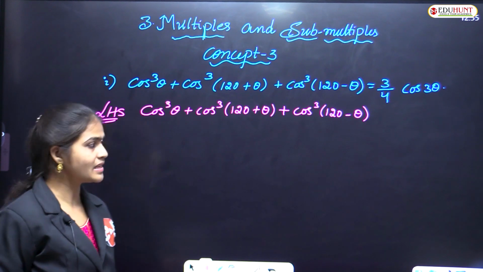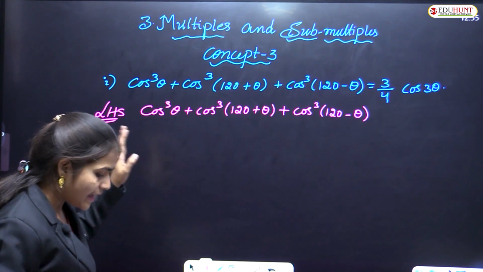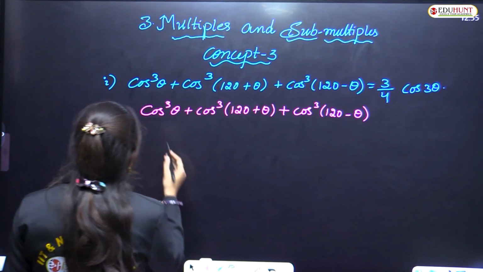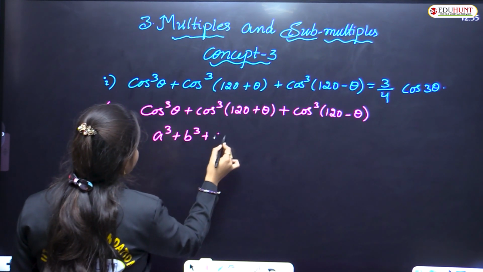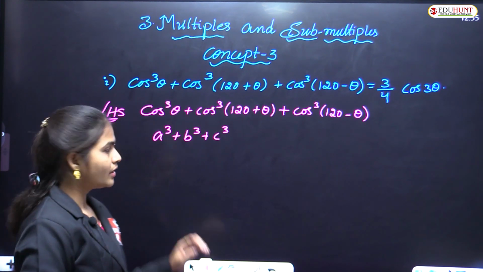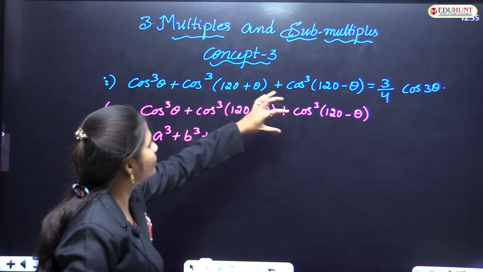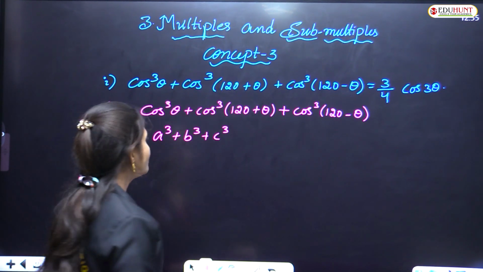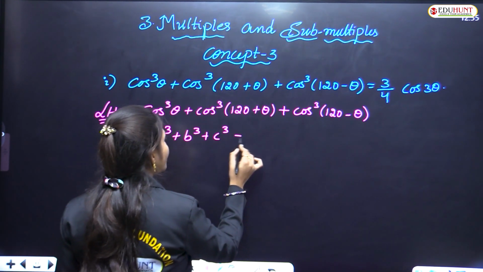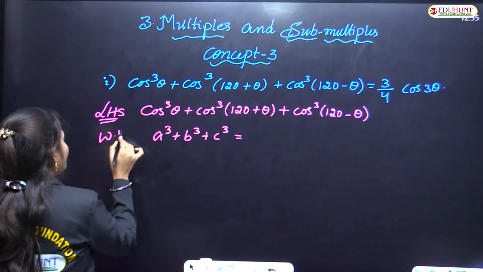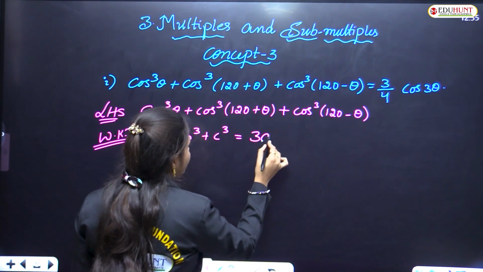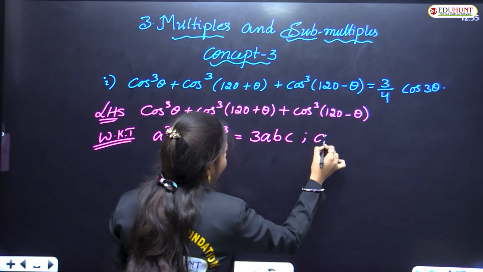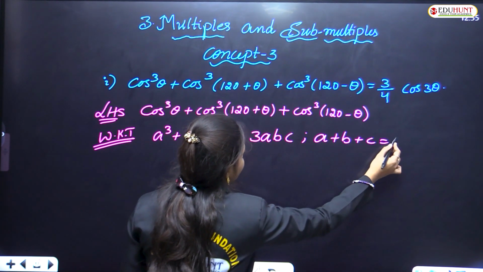That is the LHS. So children, just observe that LHS is in the form of a cube plus b cube plus c cube. Yes or no? We know that a cube plus b cube plus c cube is equal to 3abc, and the condition is a plus b plus c is equal to 0.